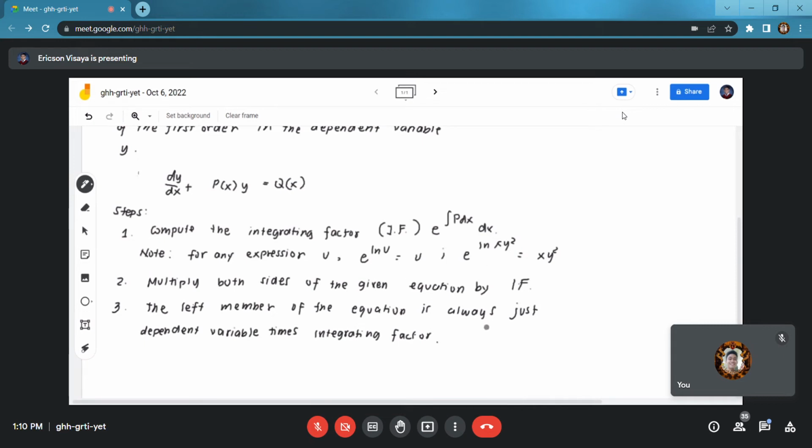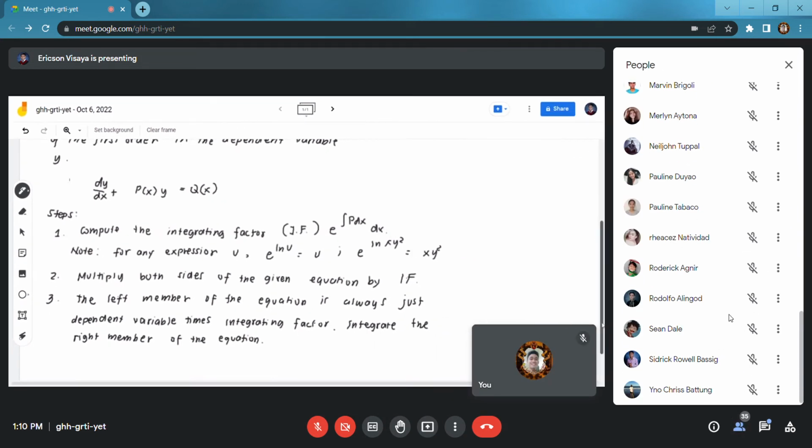So, integrate the right member of the equation. Then, last step, number 4.